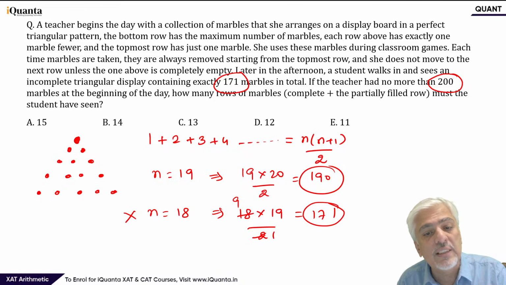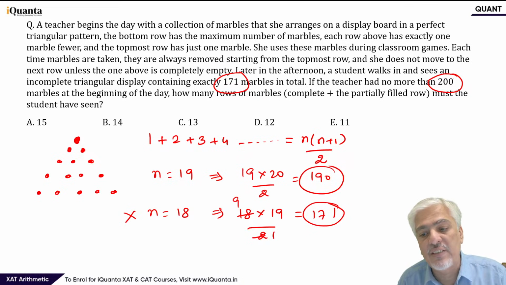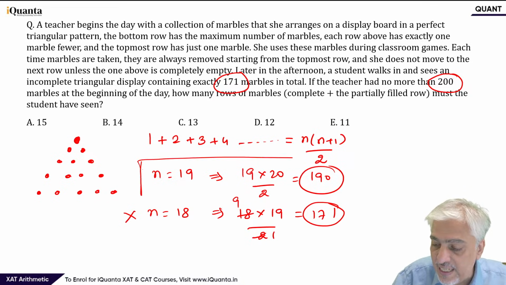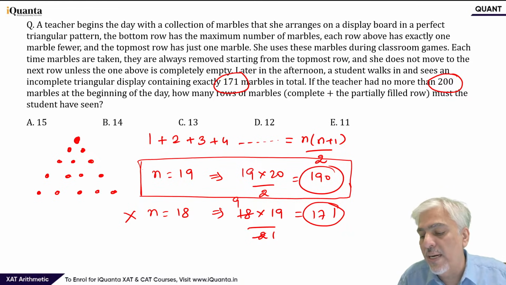So she uses the marble during classroom games. That means she cannot start with 171 and have 171. So 171 is not possible. So hence, initially she had 190 marbles, because if I take n as 20, it will go above 190. So initially there were 190 marbles.